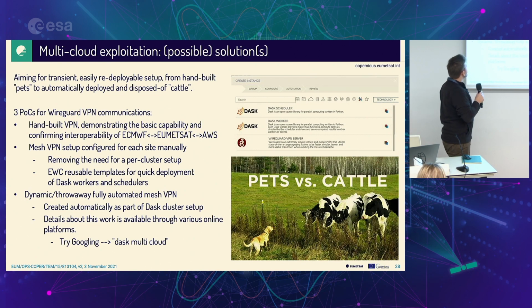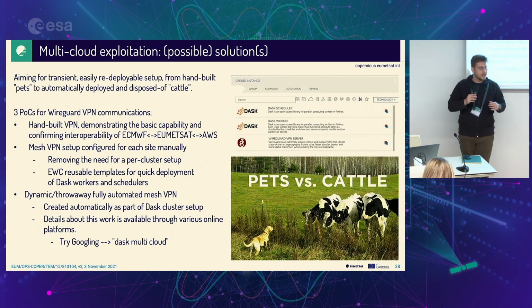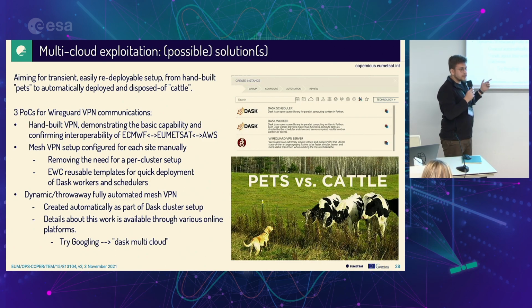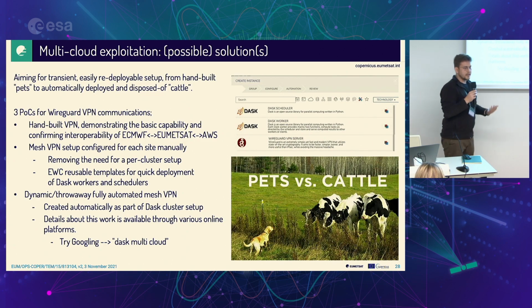For the second part, we tried to make it a little more redundant with a mesh VPN setup. In the first hand-built VPN system, you have one VPN gateway, which is the bottleneck of the system. Every communication goes through this VPN gateway, and it creates a bottleneck.